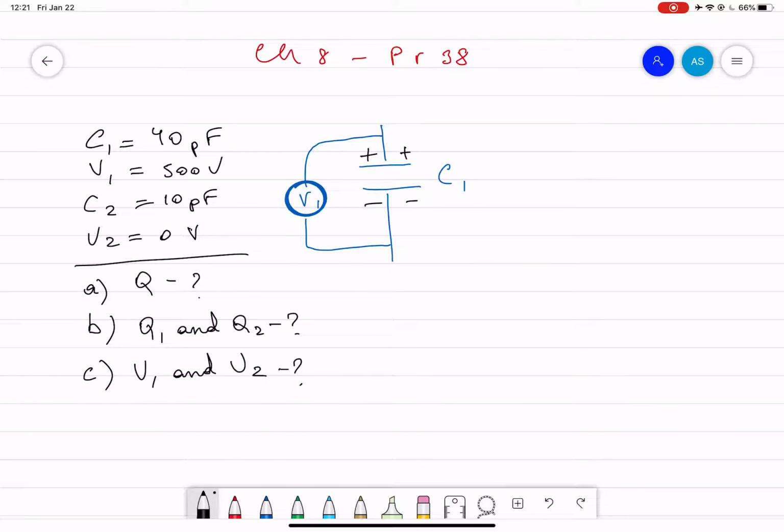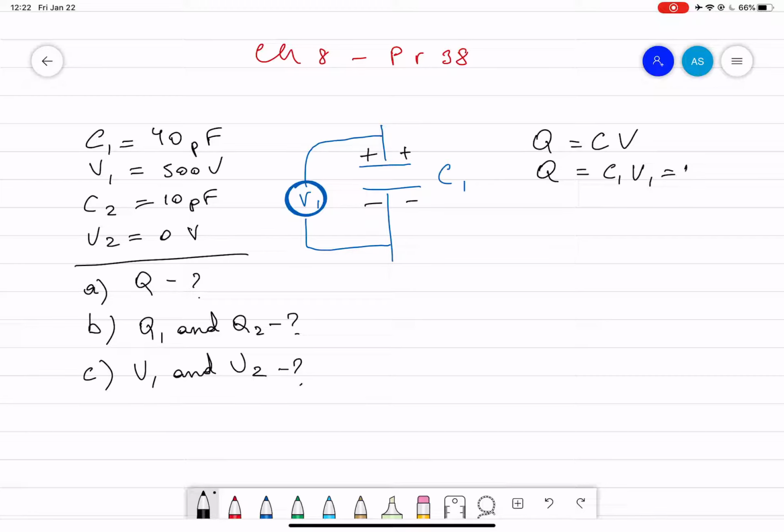So we know the formula that Q is equal to CV, right? That's just the formula. So the original charge in C1 will be C1 V1. So that means C1 is 40 picofarad and V1 is 500.